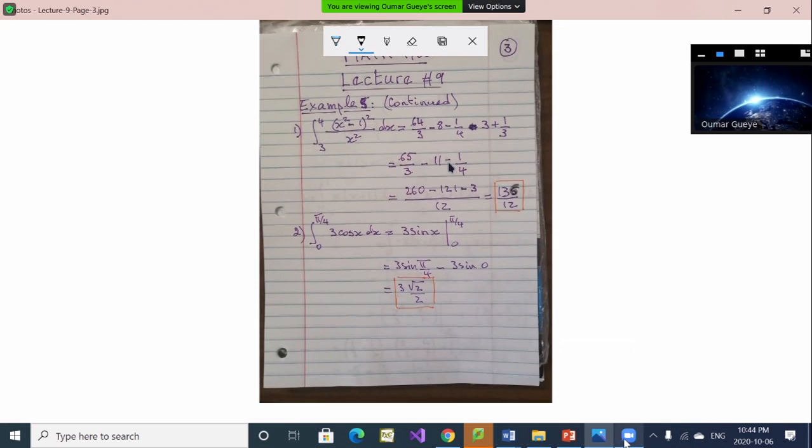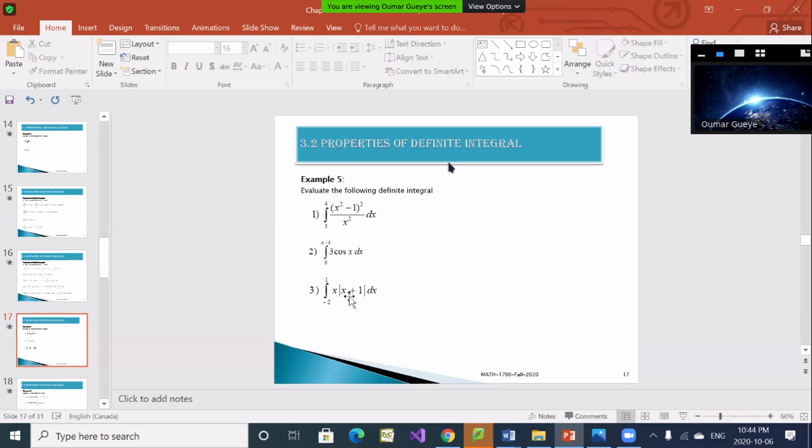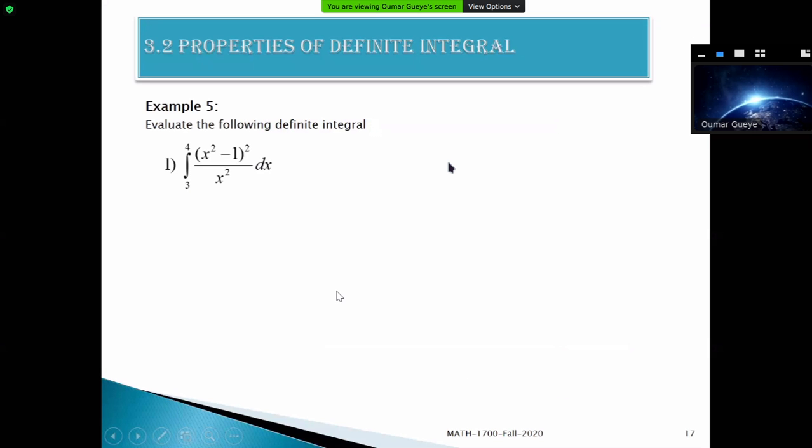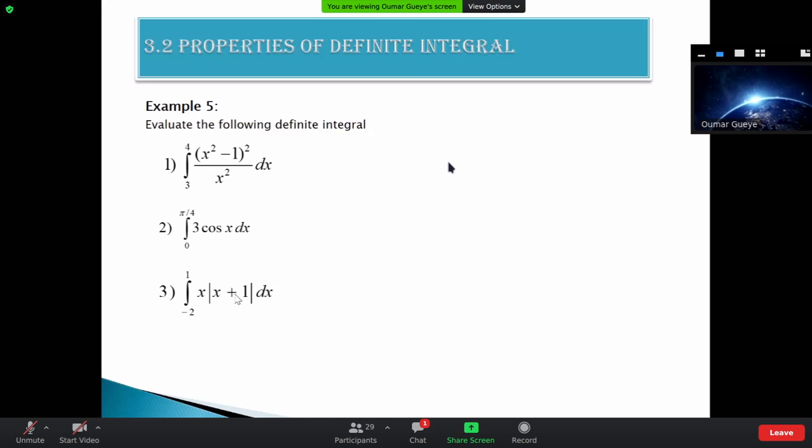All right, so one more example. Now we want to get the definite integral of x times the absolute value of x plus 1. So in order to calculate this integral, we need first to drop the absolute value.